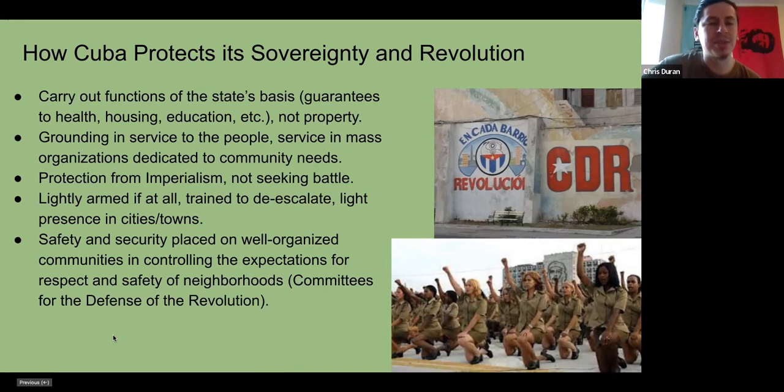That's a very stark contrast to the United States, where we continue to escalate military and police spending to put down violence that is a product of capitalism in the first place. And yeah, I think with that, we can move on.